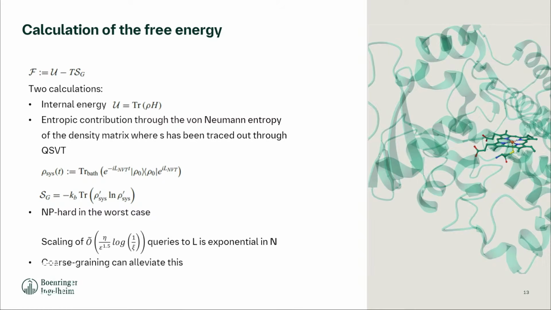Calculations of von Neumann entropies are NP hard in the worst case, and that's also seen here. This eta is actually your number of grid points to the 3n. So this scales very badly in the number of nuclei, and we searched really hard to get around this, but we were not able to do that for the absolute free energy.